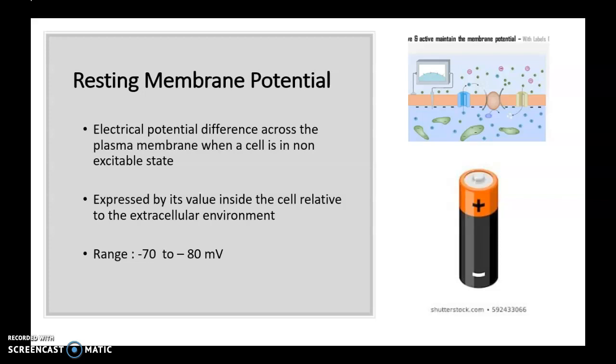If you look at the picture again on the top right, you will see that a needle is inserted into the intracellular membrane right here. And the needle is hooked to a computer. With the needle, it can be detected that the inside of the membrane is more negative as compared to outside. And this difference of charge across the plasma membrane is called resting membrane potential.